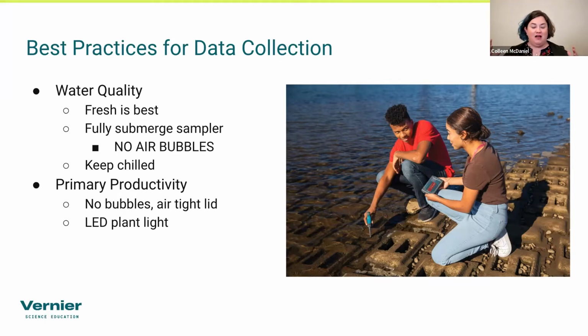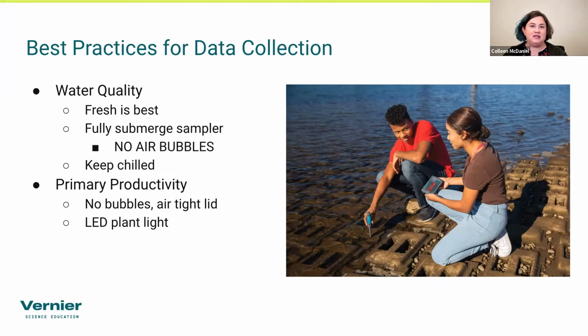Now, the problem with all of this is when you take the sample away, you aren't going to have that temperature variable anymore to be able to get the true dissolved oxygen reading of the water. But the key is you need to keep it chilled, and you want to take the measurement when it is chilled.